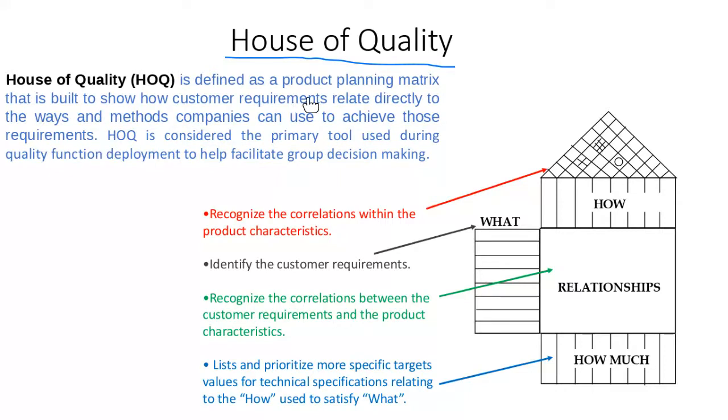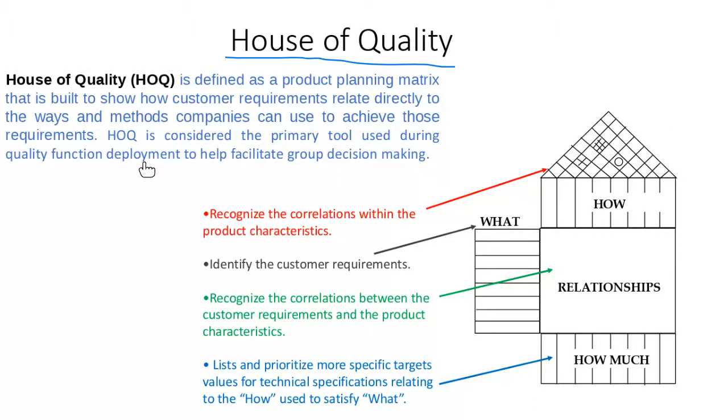And this tool, the House of Quality, will show you the relation between the technical specifications and the customer requirements, and help the group in the company make the right decisions about the features that fulfill the customer requirements. So what is the use of this House of Quality?